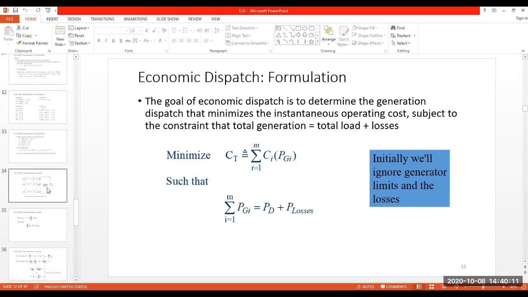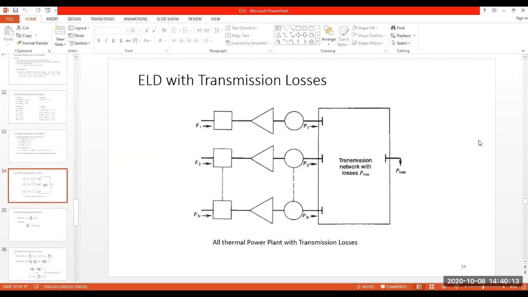So let's move on to slide number 34, ELD with the transmission losses. This is one example system where, let's say, you have n number of generating units. So we start from the left. Okay, so F1, let me use the annotation tool. We have F1 here.